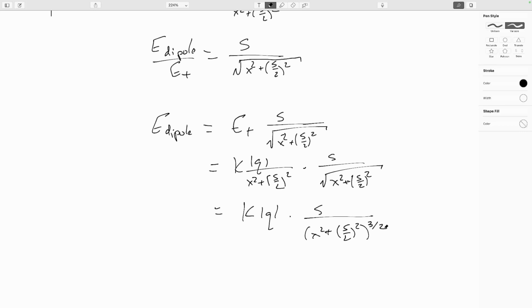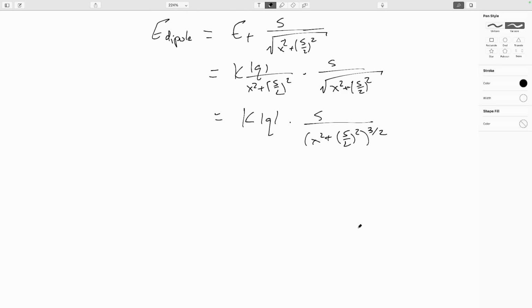All right. Now let's go ahead and plug in the numbers here. So this is going to give me 9 times 10 to the 9 newton meters squared per coulomb squared. 1 nanocoulomb is 1 times 10 to the negative 9 coulombs. 1 centimeter is 0.01 meters.